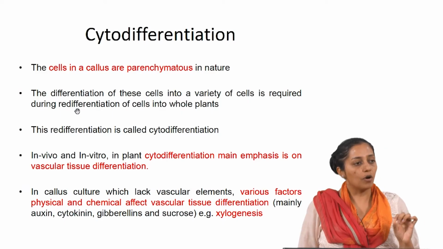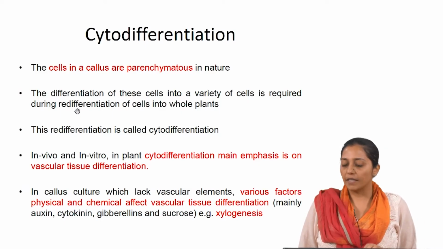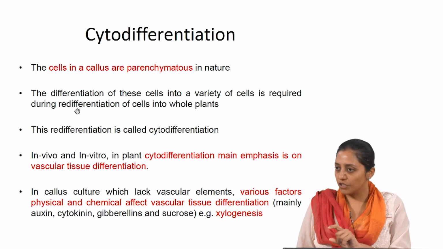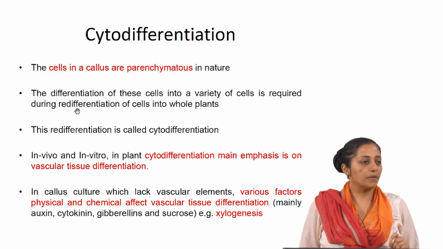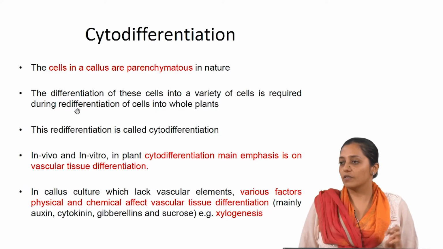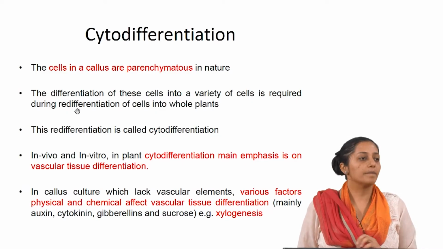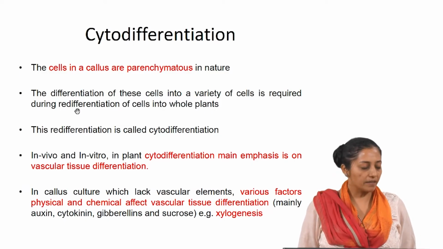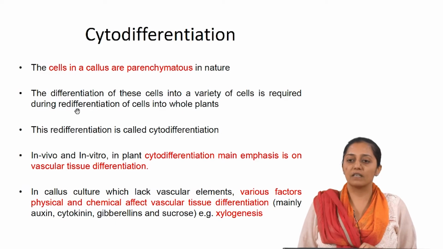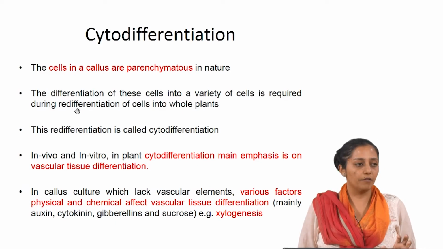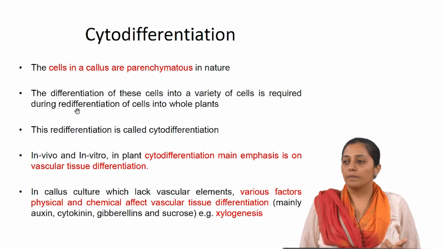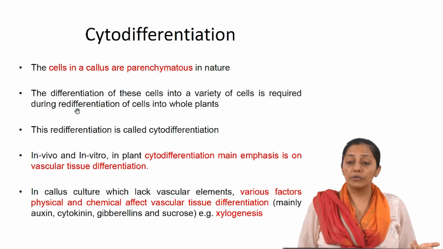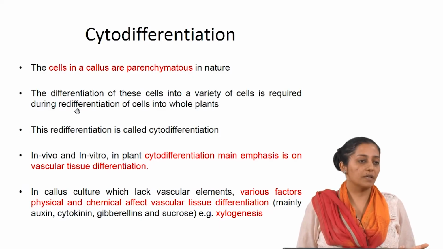In vivo or in vitro, in plant cytodifferentiation the main emphasis is on forming vascular tissue, for example xylogenesis, forming phloem and xylem elements through their connections. Various chemical and physical factors are responsible for this kind of differentiation. For example, you can take auxins, cytokinins, carbon source which is sucrose, or gibberellins.